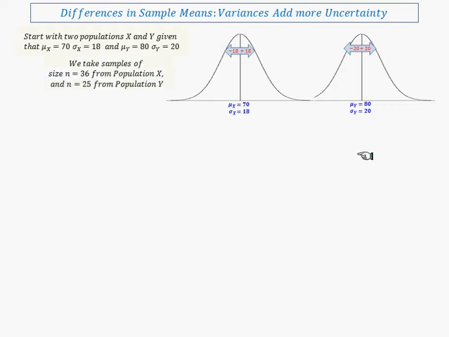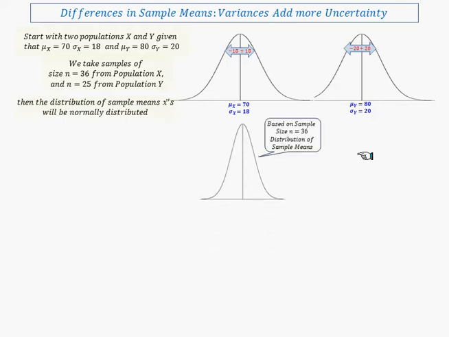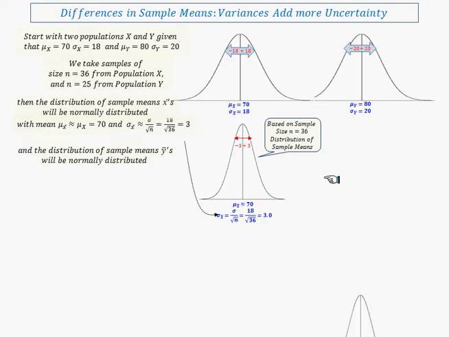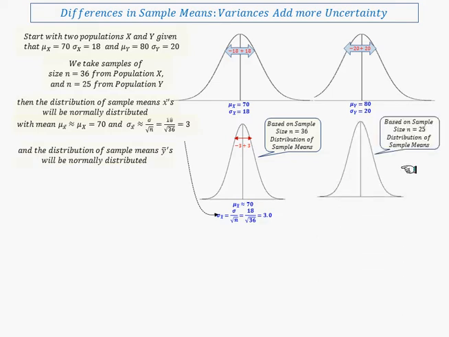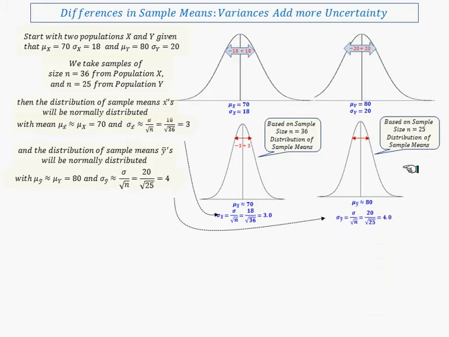We take samples of size 36 from population X. They'll be normally distributed, cluster around 70, and the standard deviation will be sigma over square root of n, or 3 units, which represents the variability about the population mean. And we do similarly for Y. The y bars will be normally distributed, centering around 80, and the standard deviation given by 4.0.